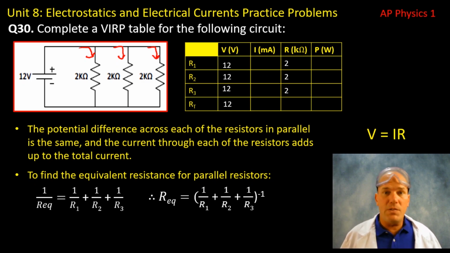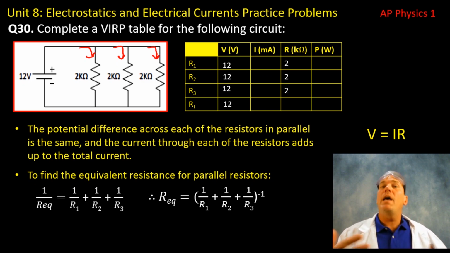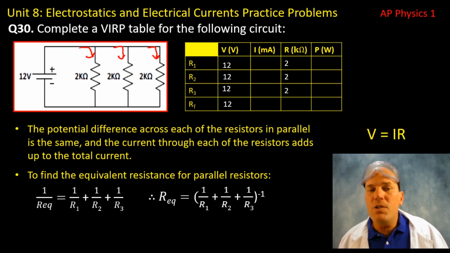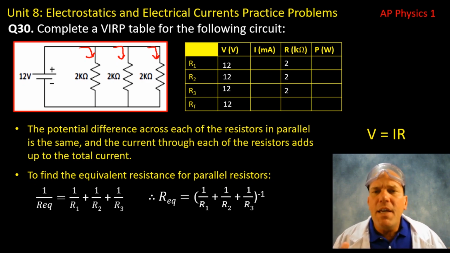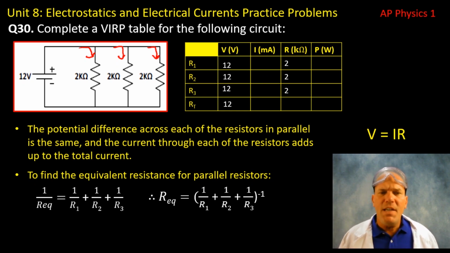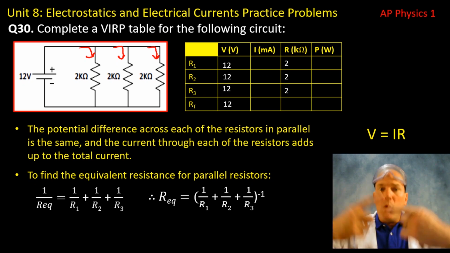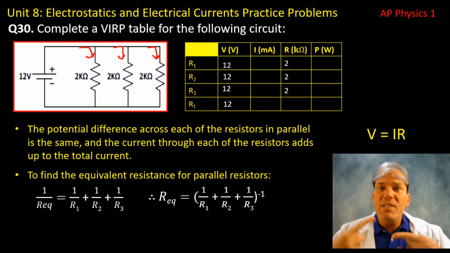If there were 4 resistors in parallel, we would add all 4. If there were 2, we just use 2. But conceptually, what we're doing is compressing these 3 resistors into one equivalent resistor.